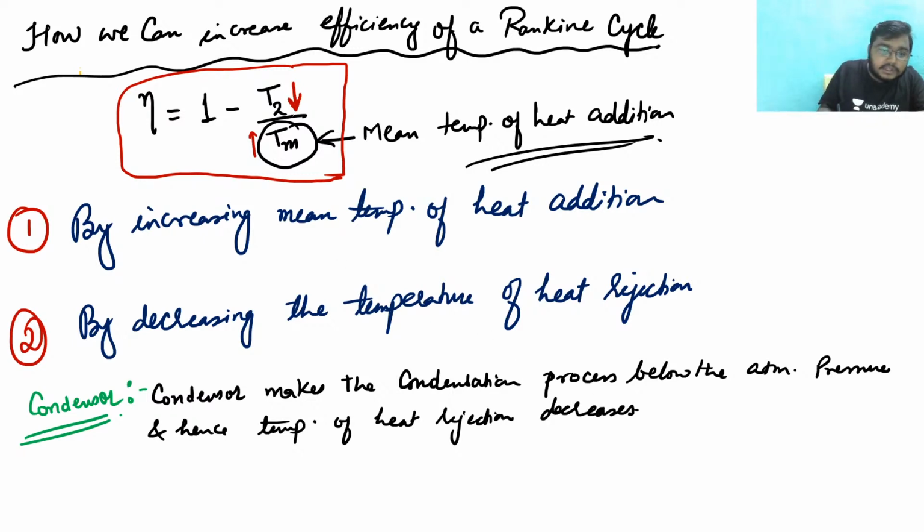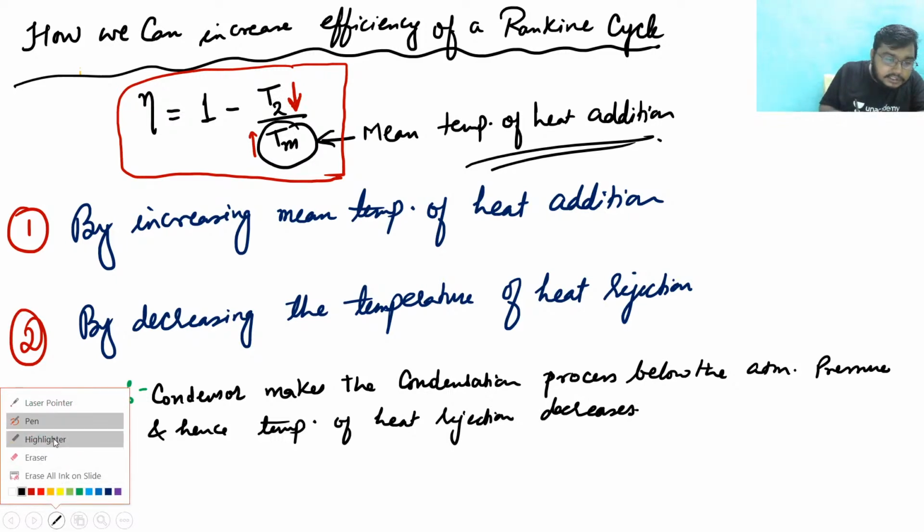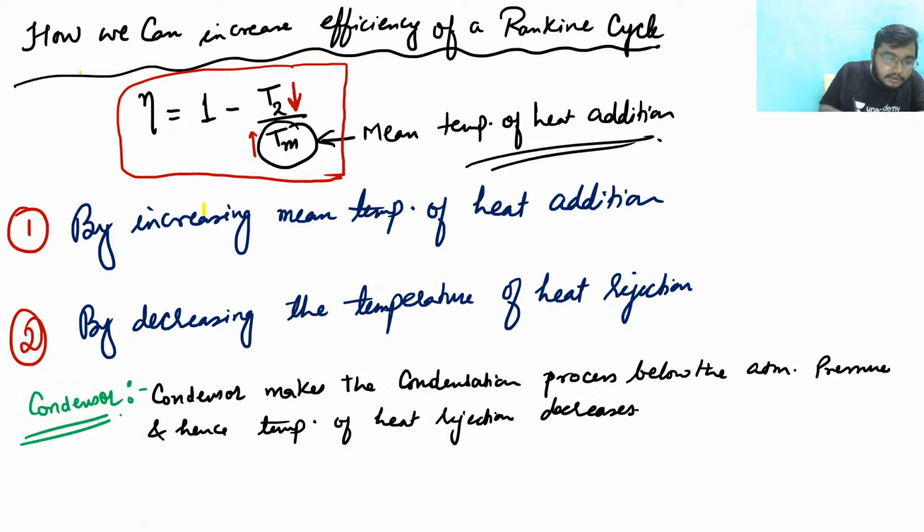See, this is the temperature of heat rejection, right? And my goal was either I can increase the mean temperature of heat addition, or I can decrease the heat rejection temperature.